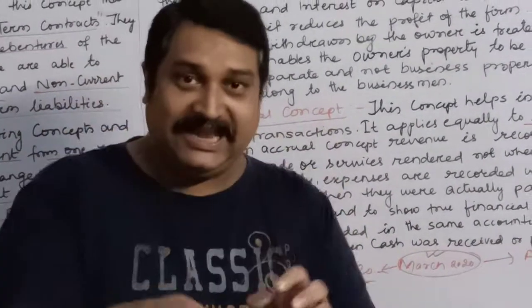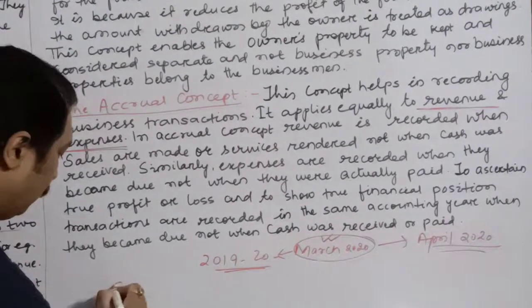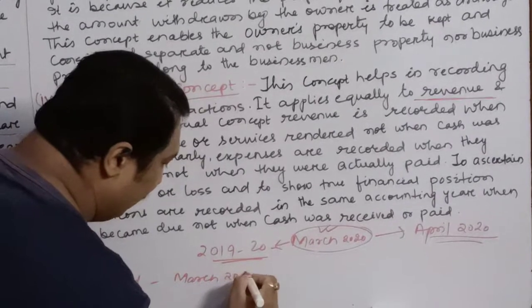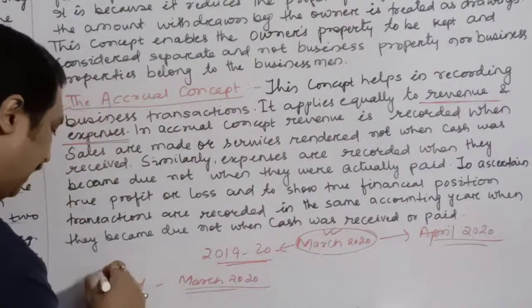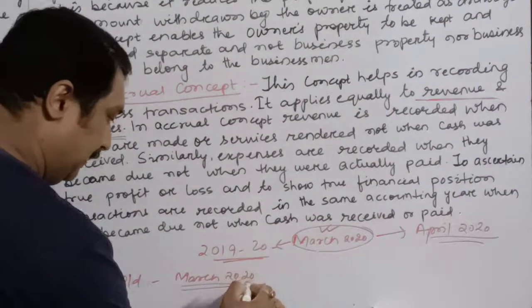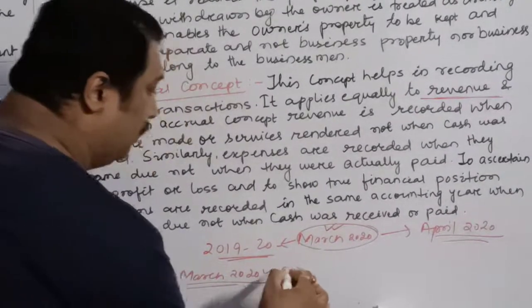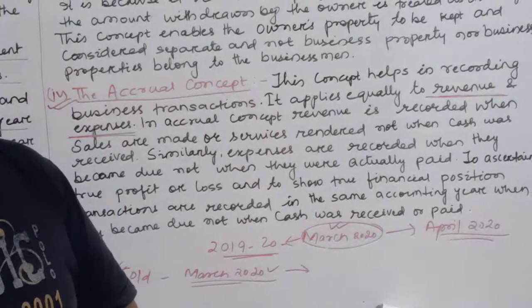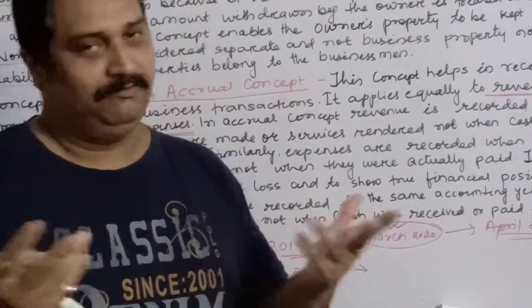Similarly, if you have sold goods in the month of March 2020, it has to be recorded in the month of March itself, no matter whether it was sold for cash or credit. If it was sold for cash, well and fine.